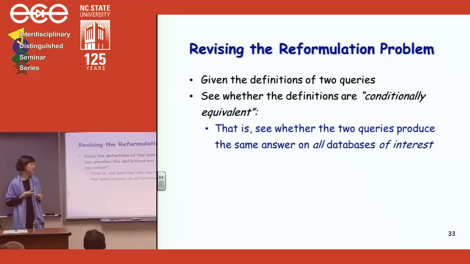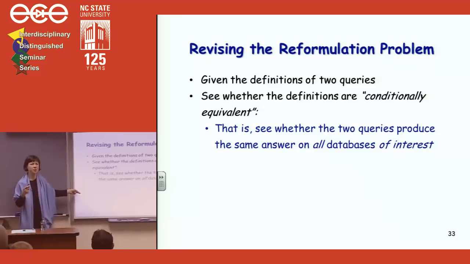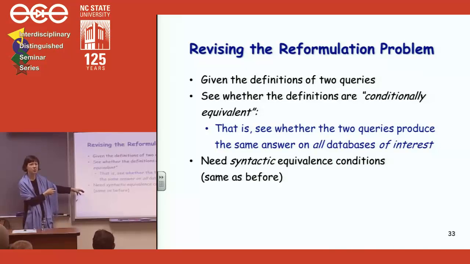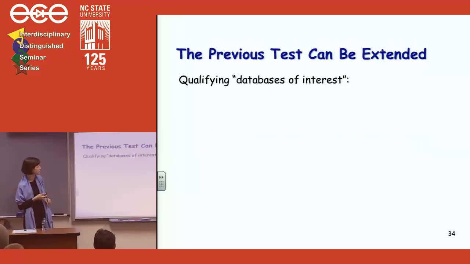And same as before, we cannot afford to look at the data when determining that the two definitions are equivalent. So we cannot get all the way back to our single database of interest just because it's too large. So we still want the syntactic equivalence conditions. So how can we use the syntax to see that on our database of interest, the queries are the same?